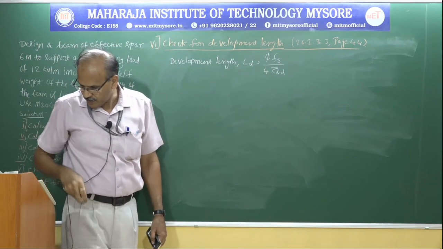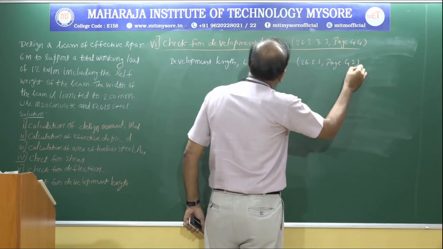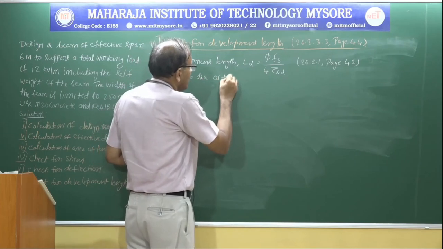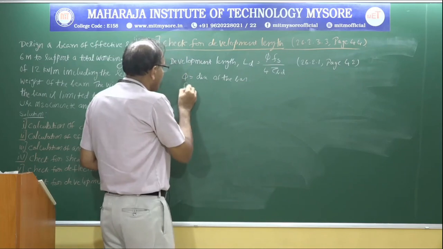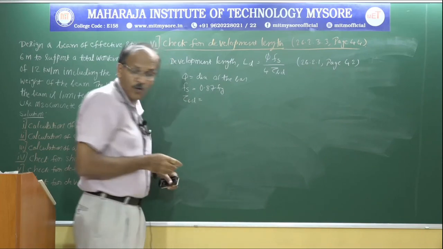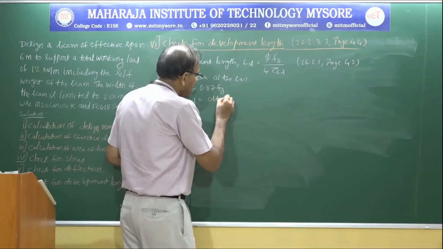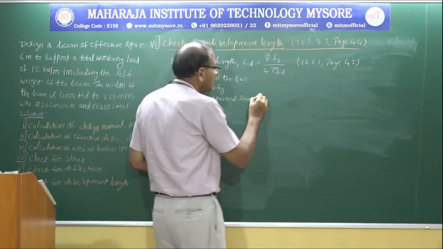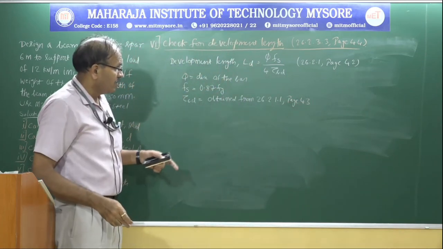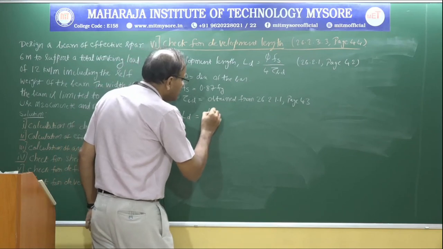This is as per 26.2.1, page 42, where phi is the diameter of the bar and Fs value equal to 0.87 Fy, and tau Bd is obtained from 26.2.1.1, page 43.